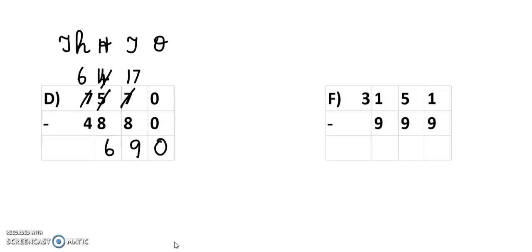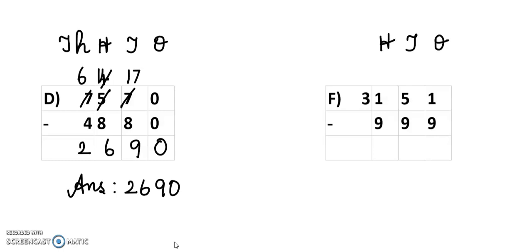Next, 6 minus 4. So 4 after 5, 6. 2 is the answer. So what is the answer? 2690. Next, we'll write ones, tens, hundreds, next thousands.